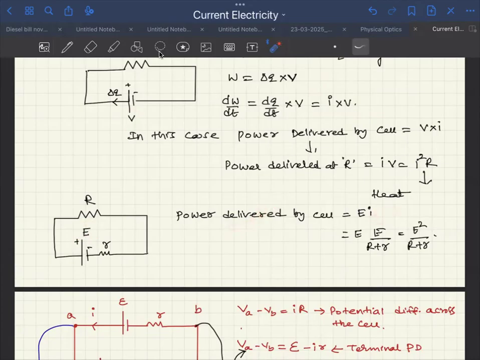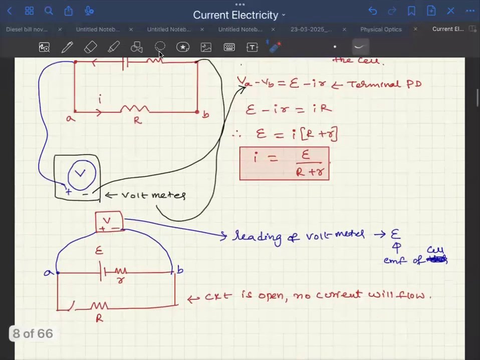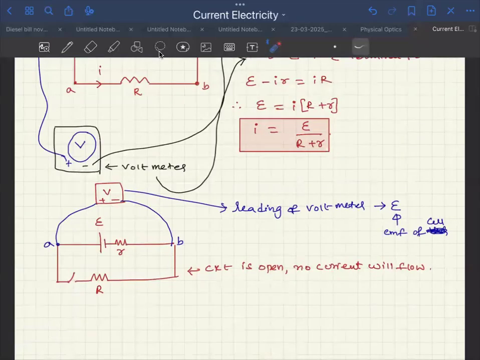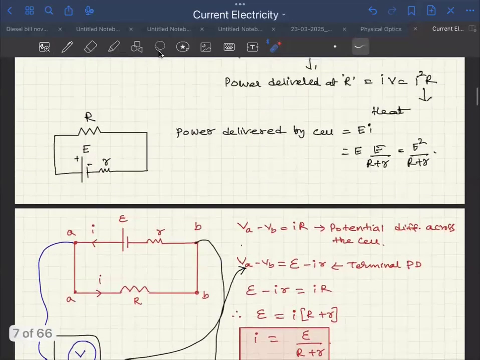Just now I have given an expression for current: E by capital R plus small r. So therefore, the power delivered by the cell is E times E by (R plus r), which is going to be E square by (R plus r).